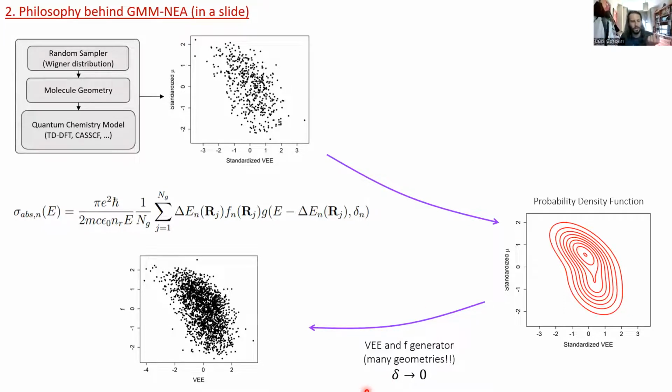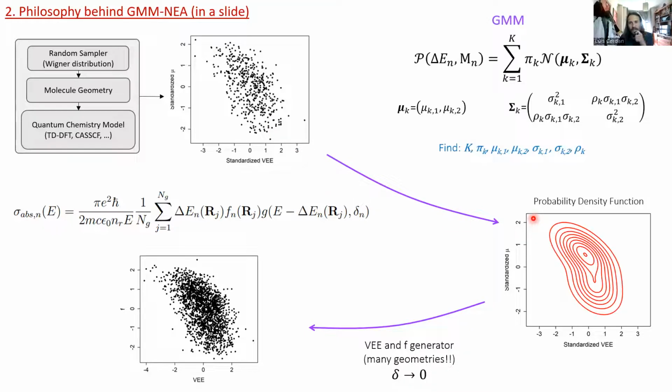Accordingly, you could assume that your empirical broadening goes to 0. As I have just shown you, this step is basically to fit a Gaussian mixture model. So our original task was to find those parameters so that we can know the PDF, and then we can sample a lot of new points and have a more precise spectrum.